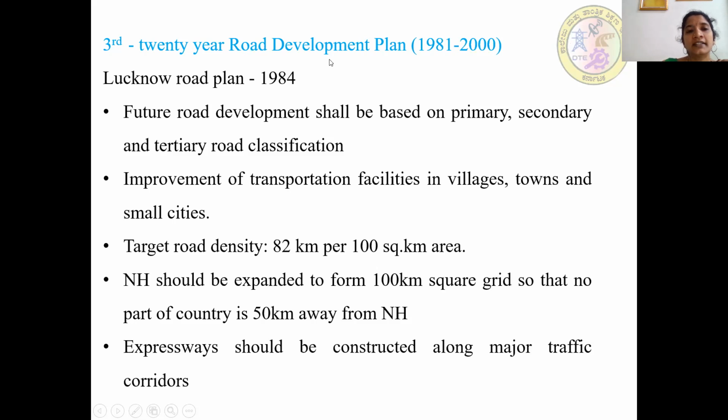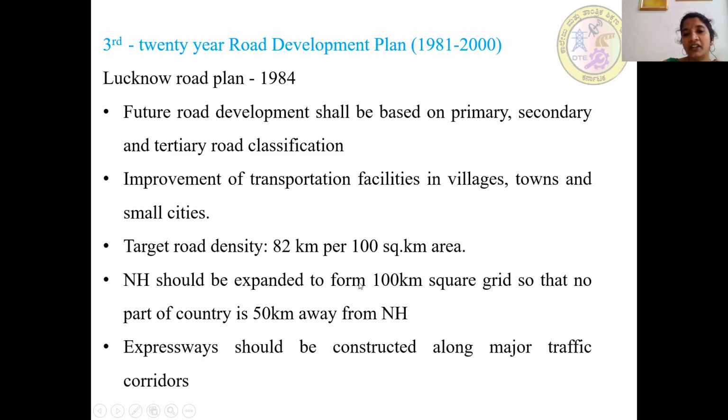In this third 20-year plan, the roads were divided into three classifications: primary, secondary and tertiary. The main concentration was on improvement of transportation facilities in villages, towns and small cities. The target road density was 82 km per 100 square kilometer area.